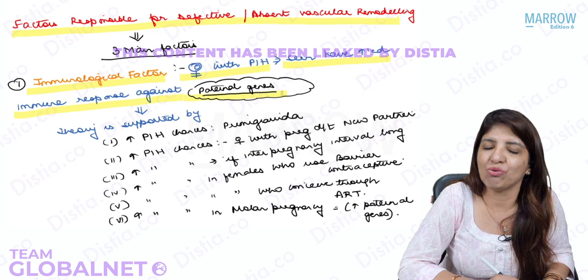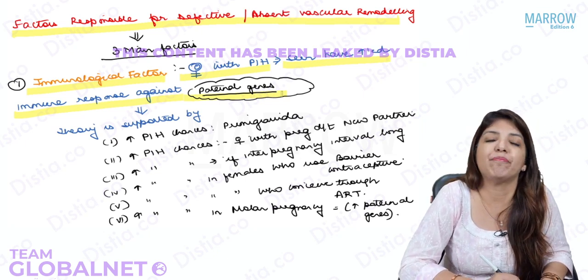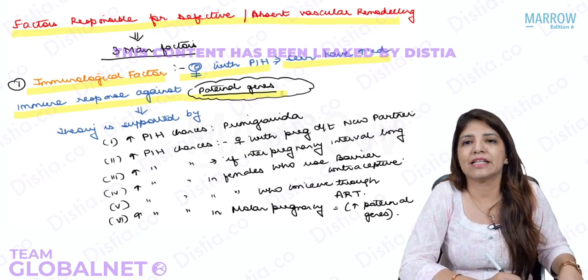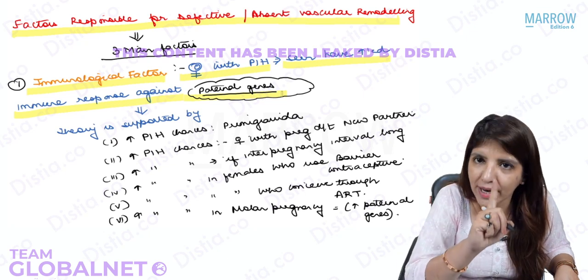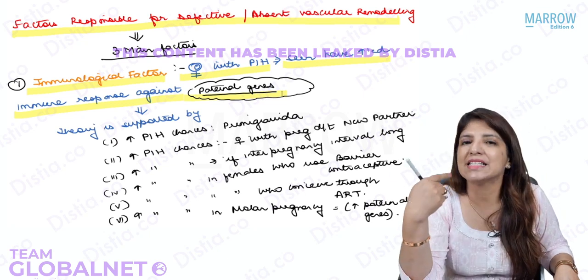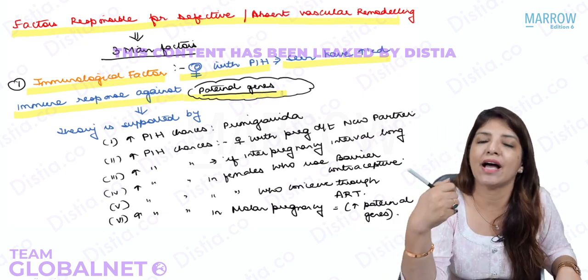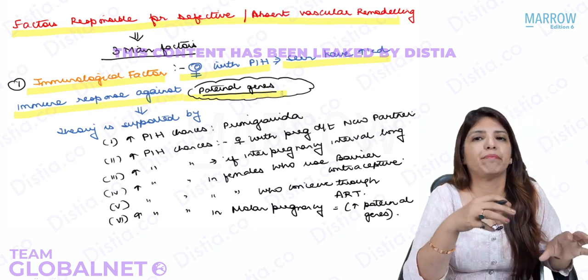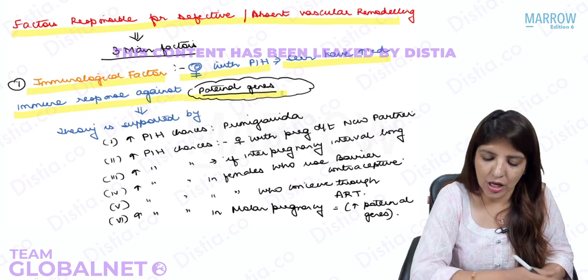We came to this theory because there are increased chances of PIH in a primigravida female. A primigravida female is getting exposed to the paternal genes for the first time, right? And that is why she has increased immune response against those paternal genes. And that is why primigravida females are risk factors for PIH.